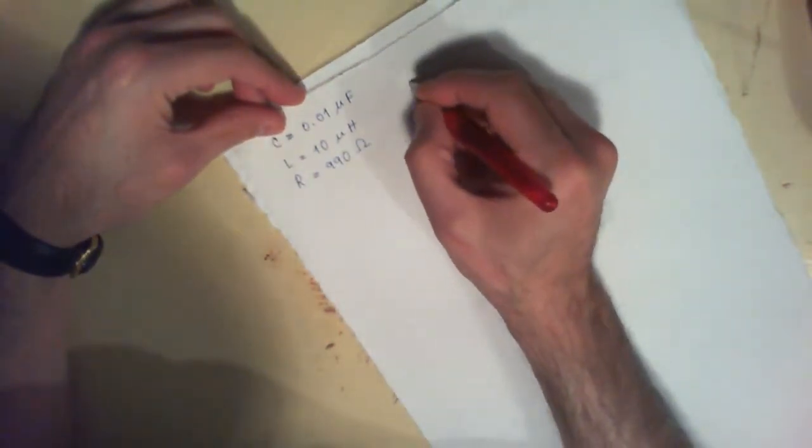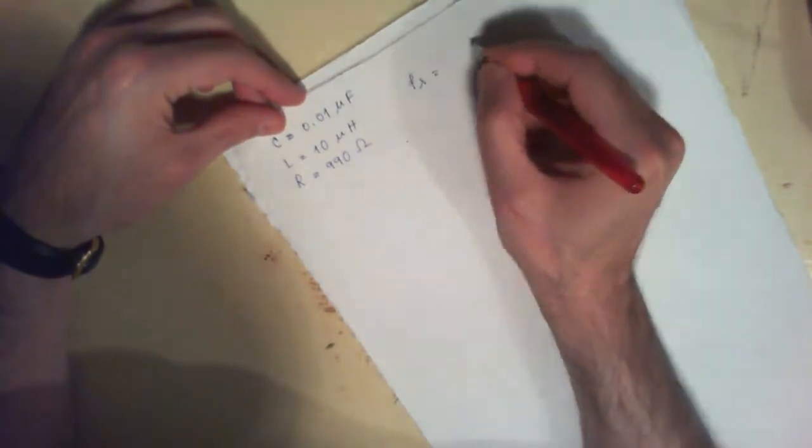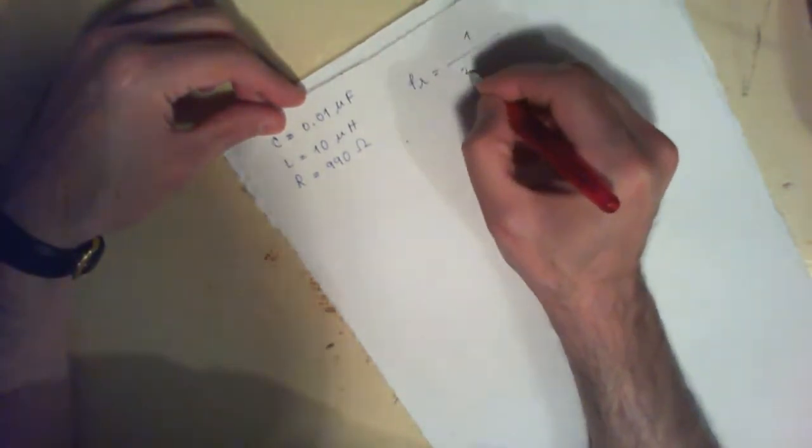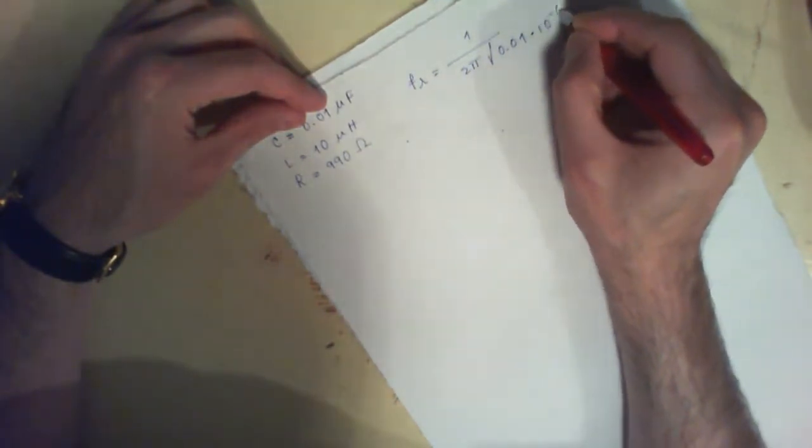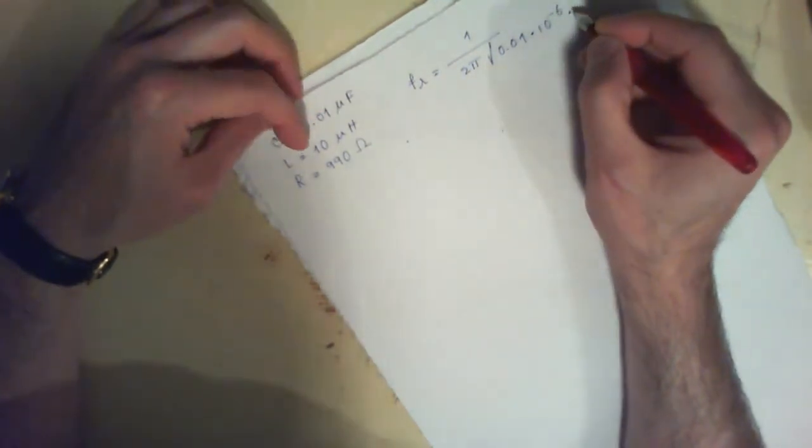the resonant frequency, F of R, is going to be equal to 1 over 2 pi the square root of LC, which is 0.01 microfarad, 10 to the power negative 2 times 10 to the power negative 6 farad, times L, which is 10 microhenry, so 10 times 10 to the power negative 6 henry.